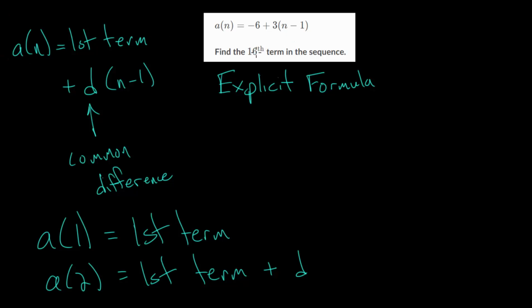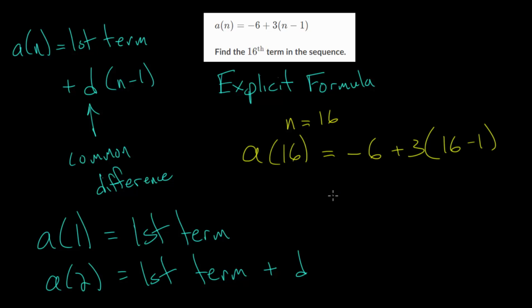So we want to find the 16th term, and frankly, you can just plug 16 into the formula anywhere you see n. But it is good to understand where the formula comes from, since eventually you're going to want to create these formulas for yourself. So in our case, we're plugging in n equals 16 because we want to find the 16th term. So A of 16 is minus 6 plus 3 times 16 minus 1.